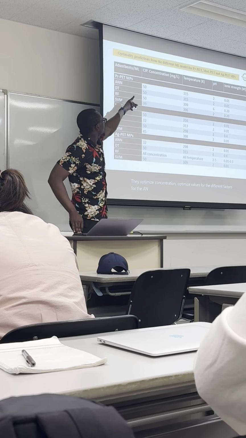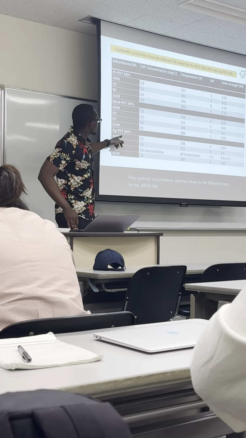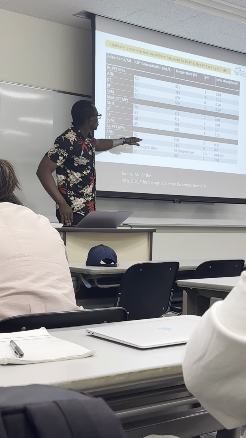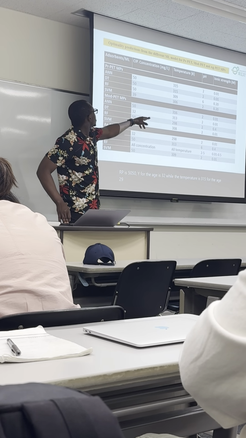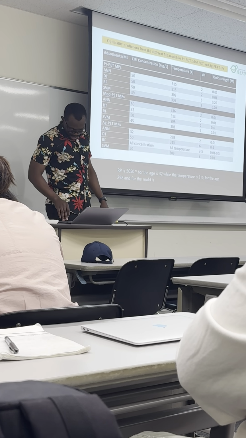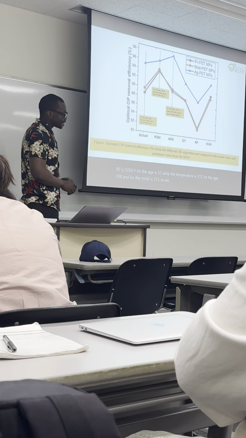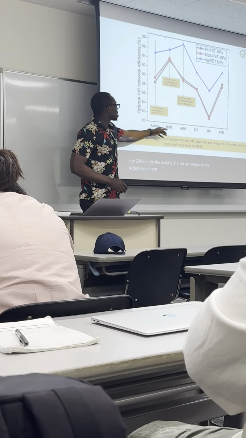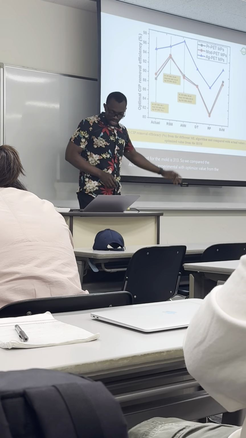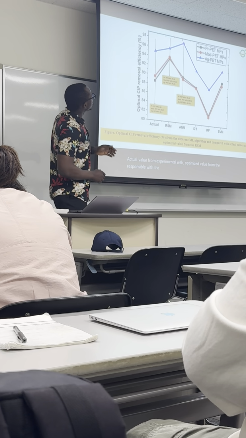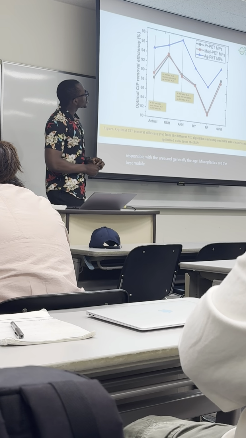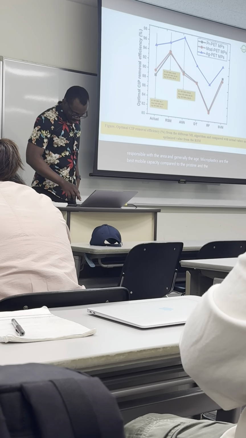For the temperature, PRPET is 315, aged 298, and modified is 313. So we compared the actual values from experiments with the optimized values from the response surface methodology and the ANN. And generally, the aged microplastics still had the best removal capacity compared to the pristine and the modified PET microplastic.